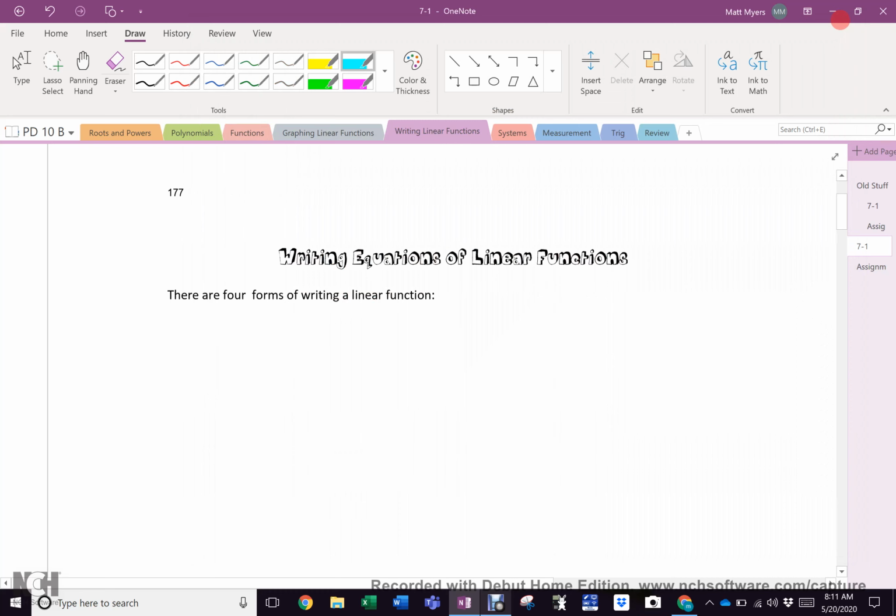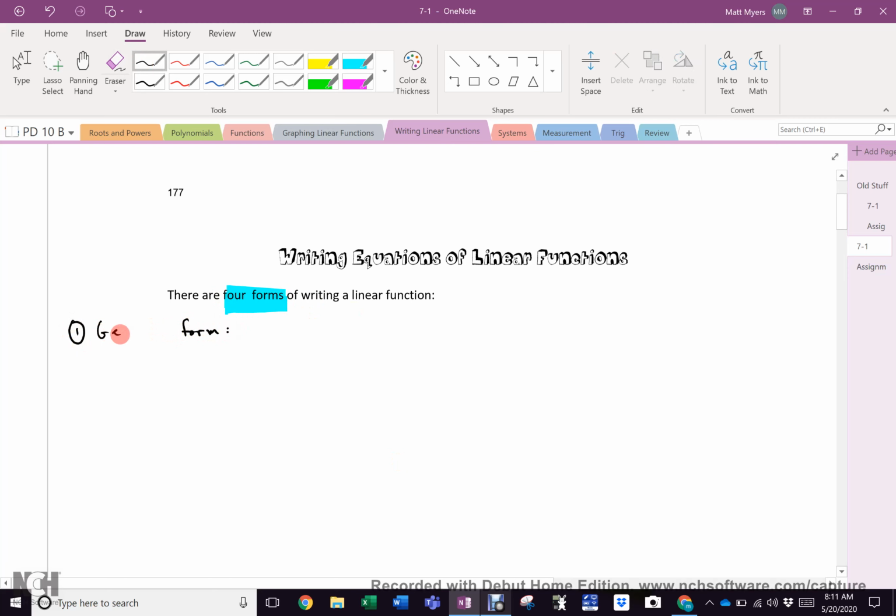Here we are on page 177 or page 162. You don't need to write this down. You already know it, but I'm just writing it to remind you. There's four forms. One, oh, sorry. I don't like to start with standard form.